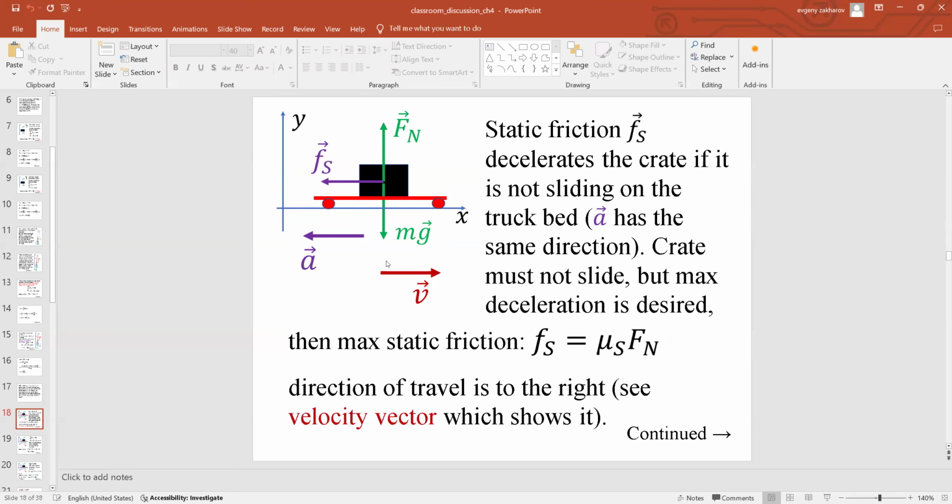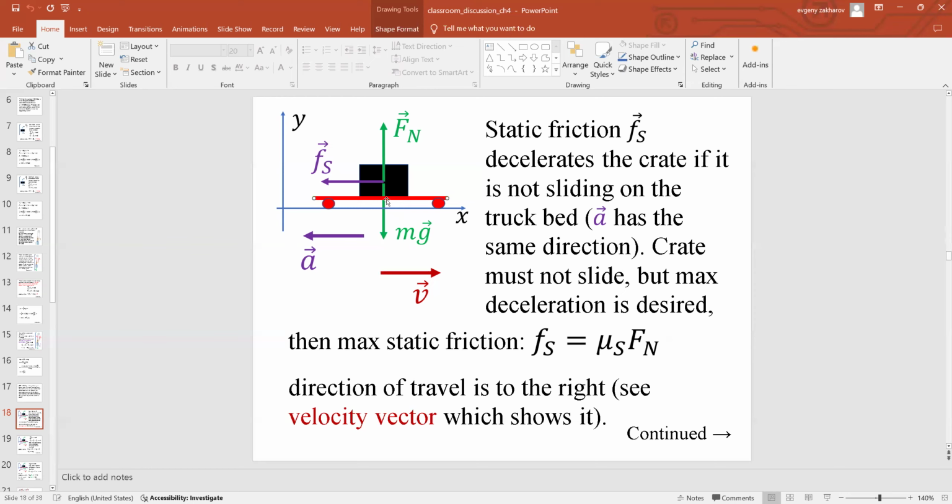But first, here comes a sketch which has a lot of information. And a sketch is half credit. So let's focus on what we have here. We got a crate on the truck, and there is static friction. First of all, there is gravity. See the gravity pulling on the crate downward towards the center of the earth. So gravity should be no problem.